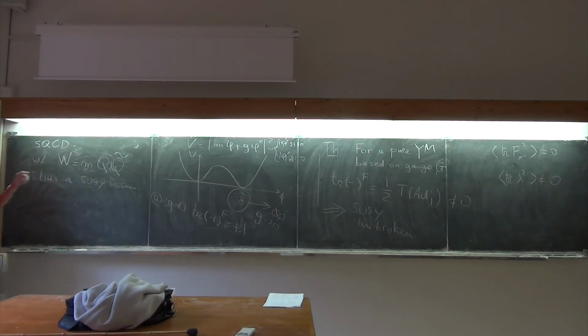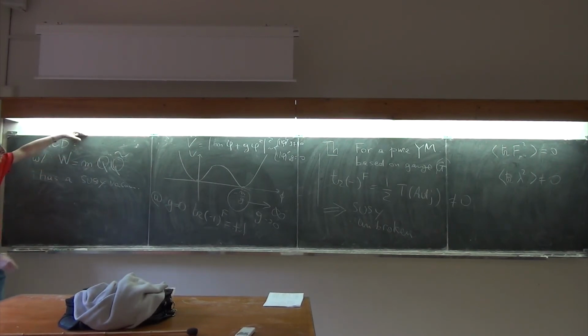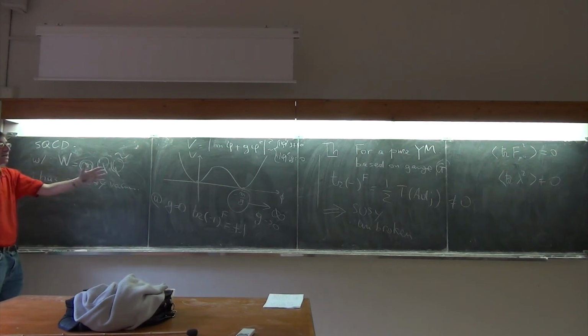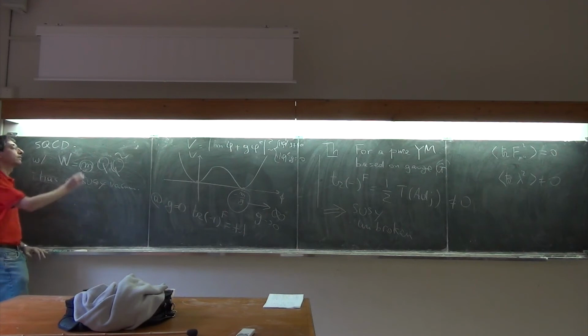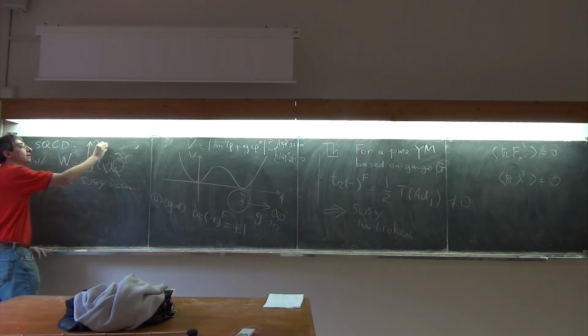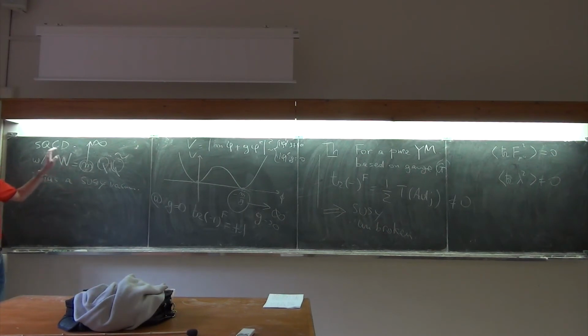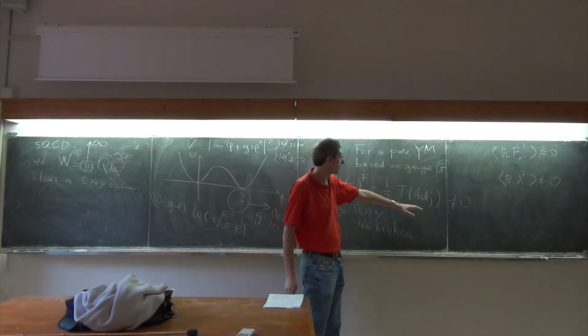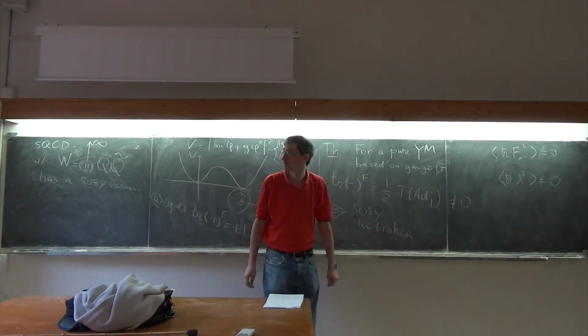How do I know? Because I apply exactly the Witten index argument. If m is very large, super QCD is a vector-like theory because my Q and Q tilde can be paired up into a mass term. No massless fields are left. So if I take the mass and send it to much, much higher values than the energy scale that I'm studying, I get back pure Yang-Mills.